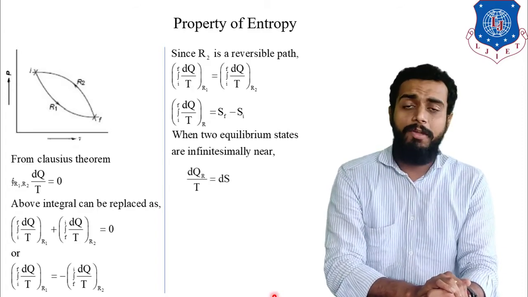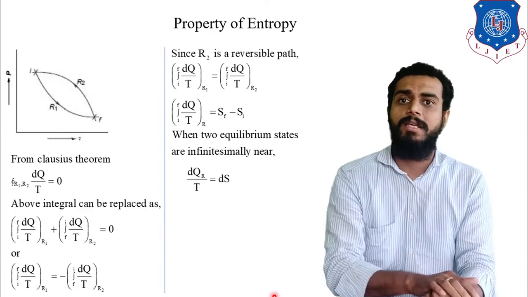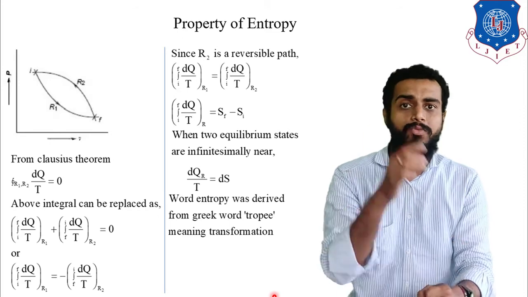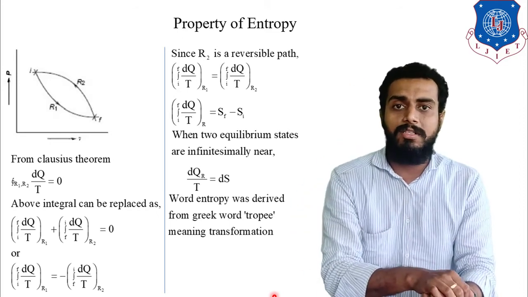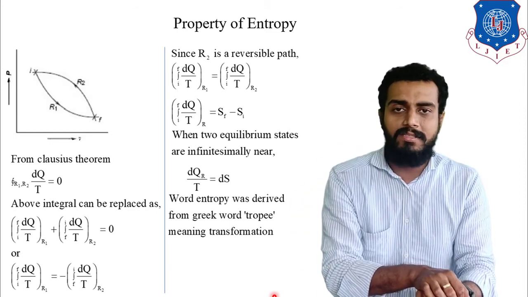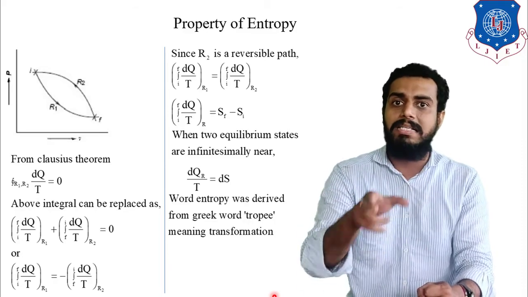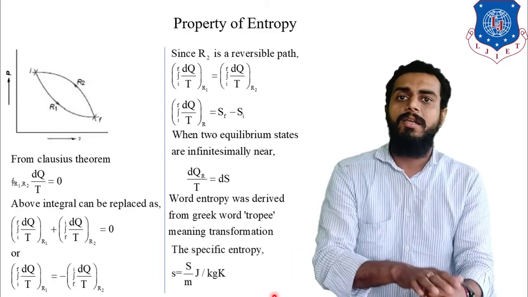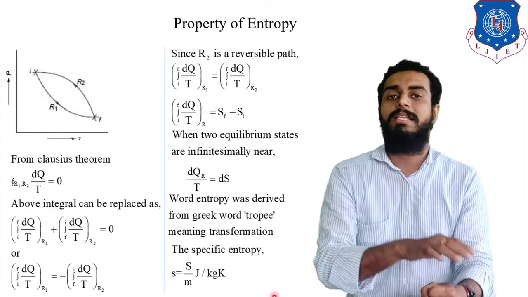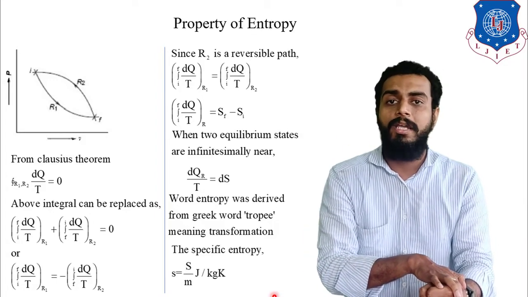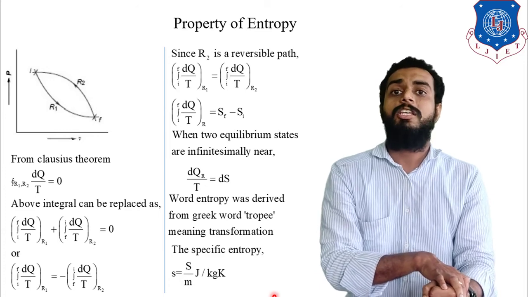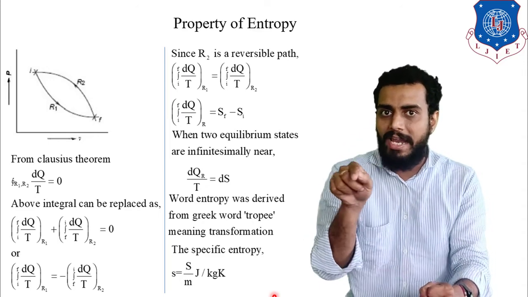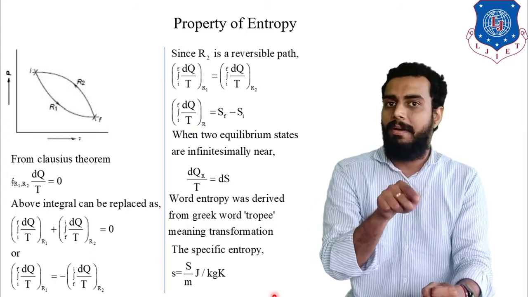Now if you want to write down specific entropy, see, this is an extensive property, students. Extensive property means, recall the first lecture, the property which depends on the mass. So if we divide it by mass, it will give us an intensive property, the specific entropy. Specific entropy is generally denoted by small s, equal to capital S divided by m.